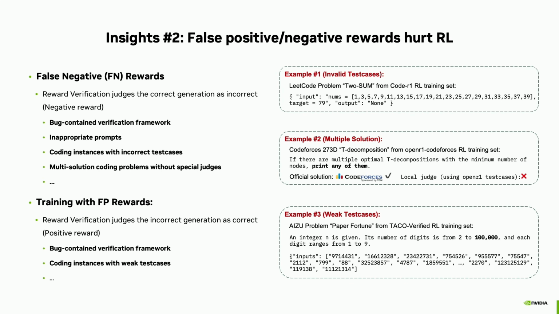In this coding problem, the input is a string of digits, and the length of the string should be at most 10 to the power of 5. But all their test cases contain input strings whose length is within 20 or 40. That means it will let some brute force solutions or some incorrect solutions pass, which is not what we want.